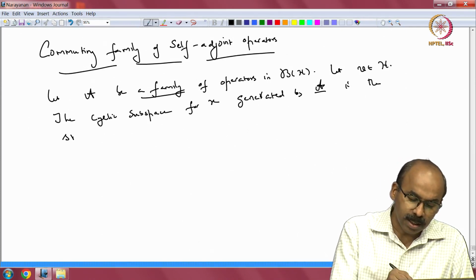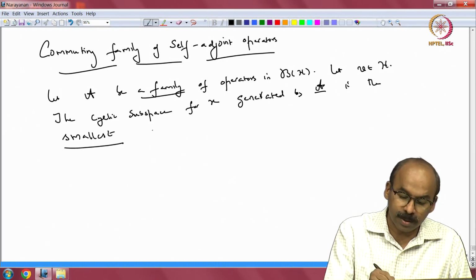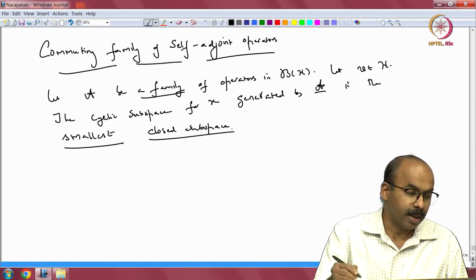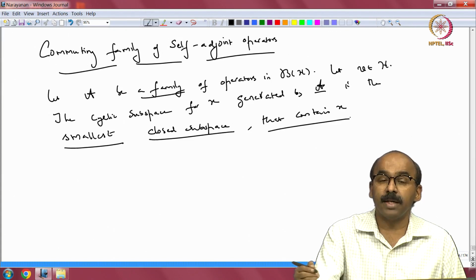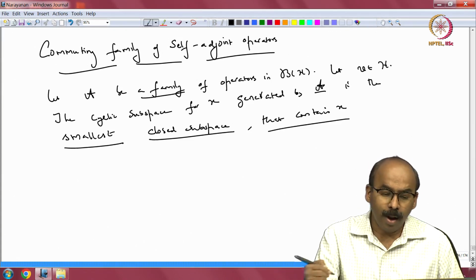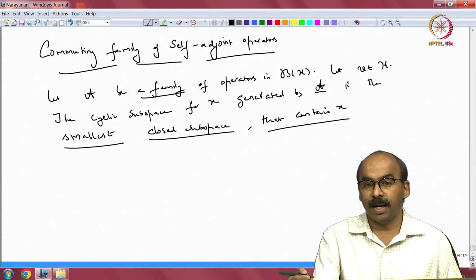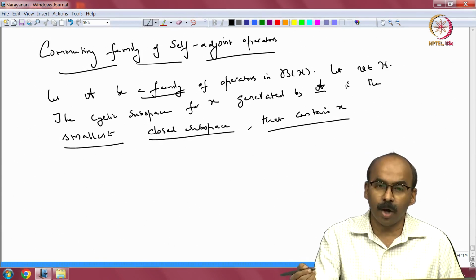So, this is the smallest closed subspace that contains x. It should have x and all the powers of operators from A acting on x, but not just powers of operators from A, its adjoints also.